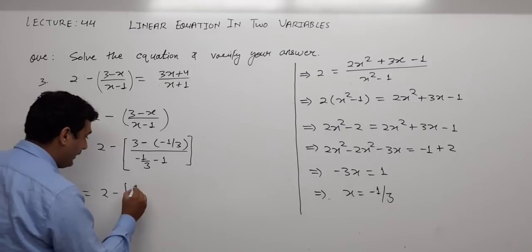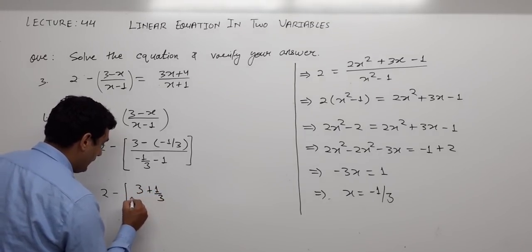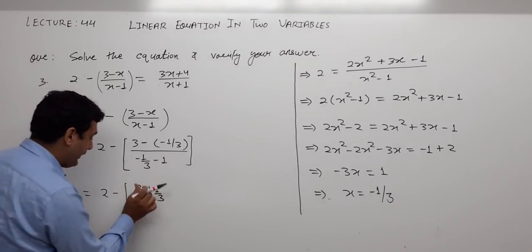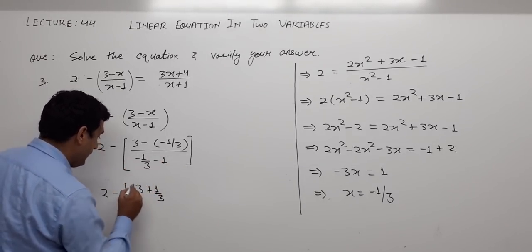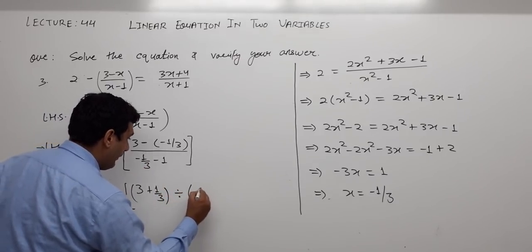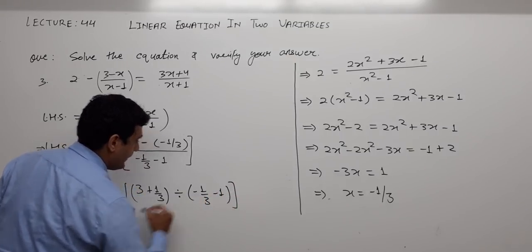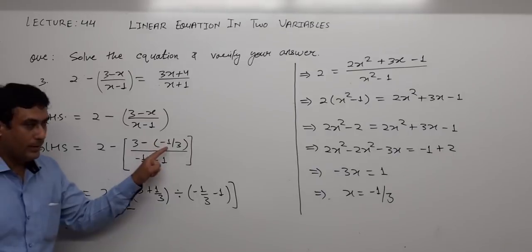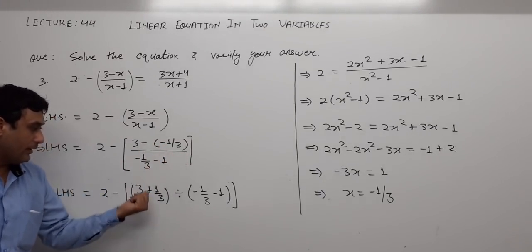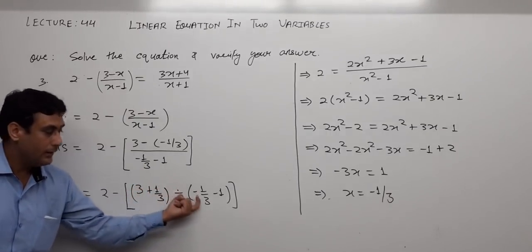Now here I will get 3 plus 1 upon 3, and this is in the numerator, divided by (minus 1 upon 3 minus 1). Okay, 3 plus 1 upon 3 and this is a division sign, so I applied the division sign and then I got whatever is in the denominator.